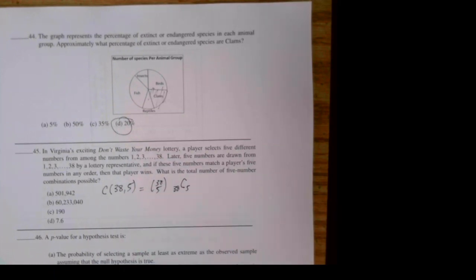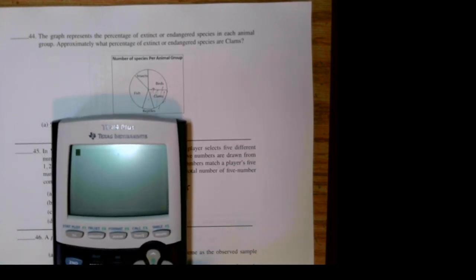On your calculator, remember how to do this. You would use the NCR function, which is in the math menu, I hope. But you have to put the 38 on the screen first, and then go to math, over to probability, and down to NCR, and then you put the 5 on the screen and press enter. 501,942. This one.